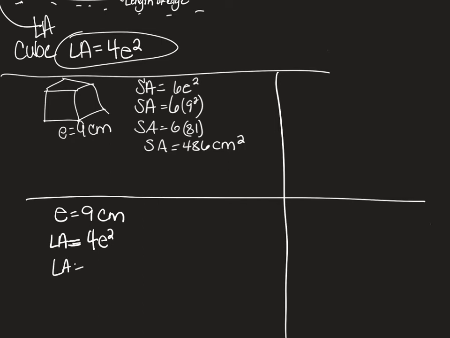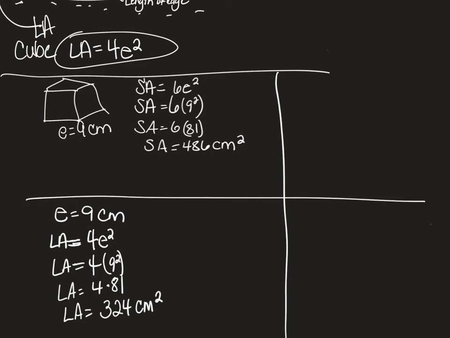LA equals 4 times, what is E? 9 squared. Okay, so LA equals 4 times 81, right? Yes. So the lateral surface equals 324 centimeters squared.